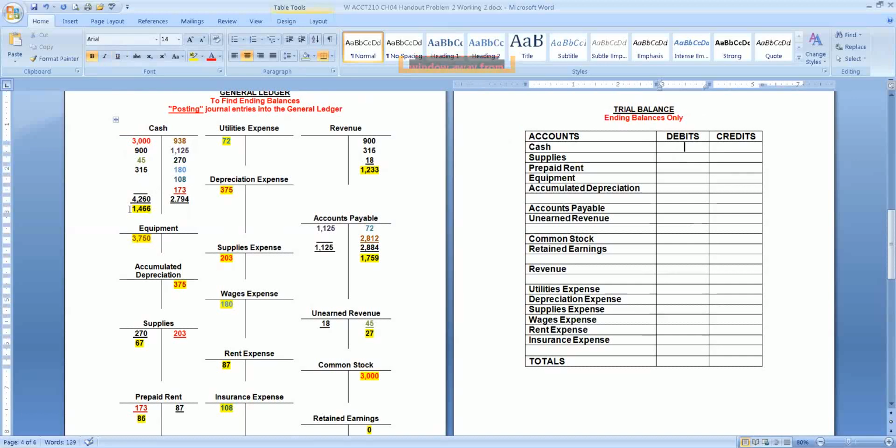All we're going to do is take the last number, 1466. And as I do these, I'm going to change the color on them just for my own benefit. Make them green, so I know the ones I've taken. Okay, so I got the cash.